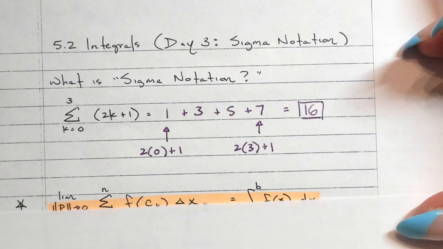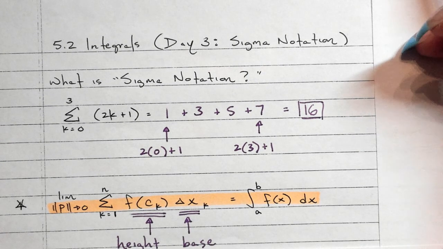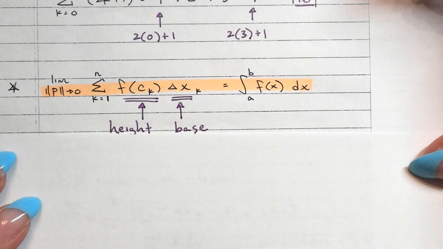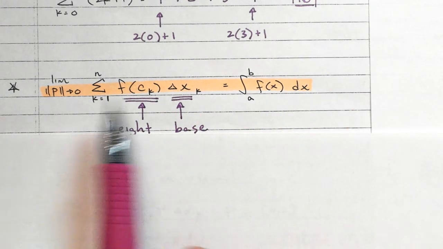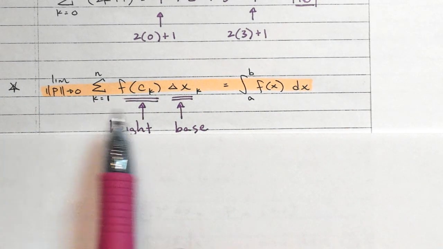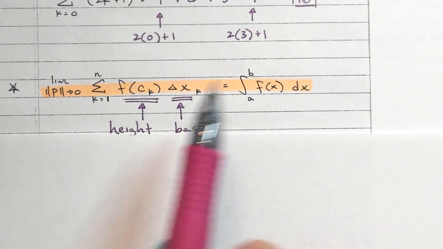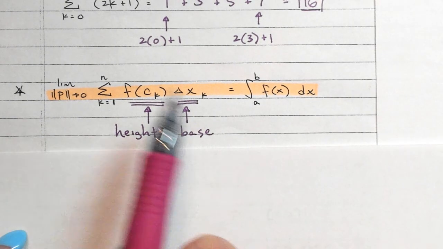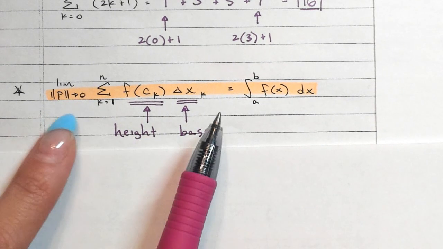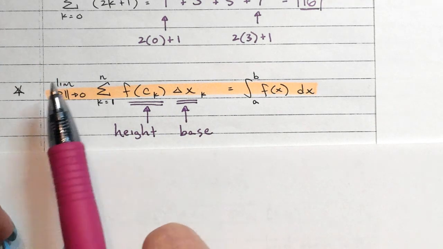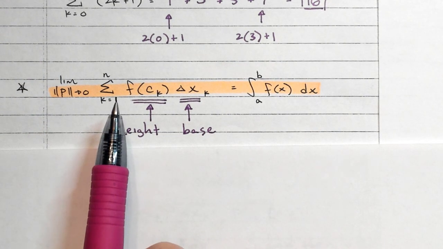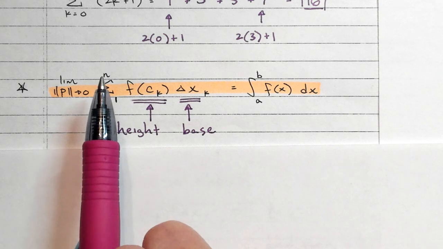And then you highlighted and then did some underlining. So this is one way we can represent using sigma notation. This is not super popular on the AP test, I will say that, but this is one way. This is saying k equals n, so this is the first term all the way to the nth term.